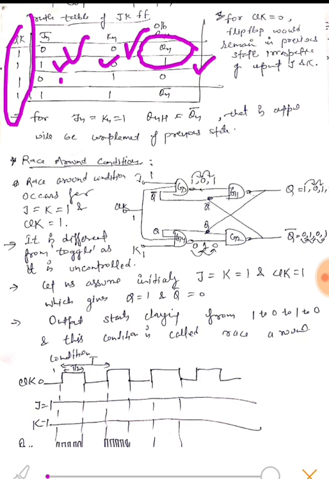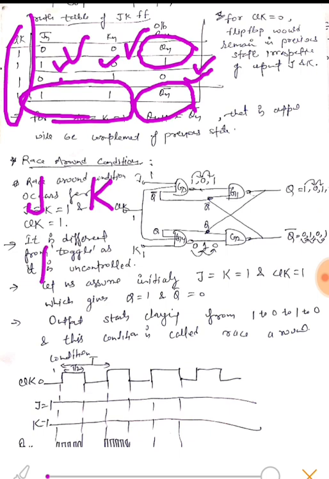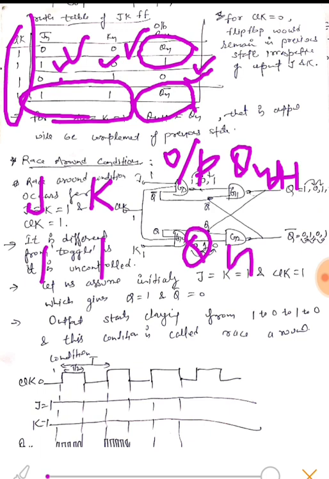For 0 1 it would be 0, and for 1 1 there is a change. Now the state would be the complement of the previous state. If we provide J K both 1, then the output, that is Qn plus 1, the next state, would become Qn bar.